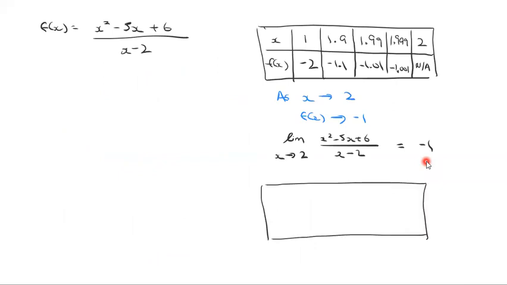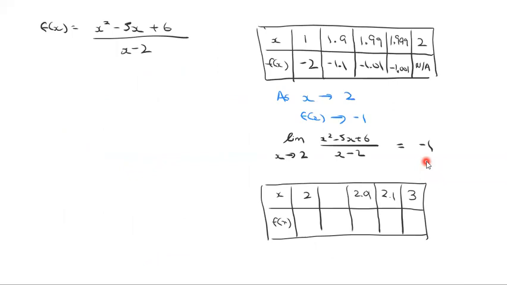Now, let's do a very similar thing. I'm still going to use the same x and f of x, and now I'm going to go for numbers above 2. So this time let's go from 3 down to 2.1, 2.01, 2.001. We know there's nothing at 2, so what numbers do we get?